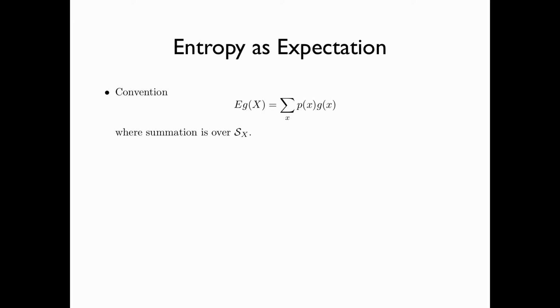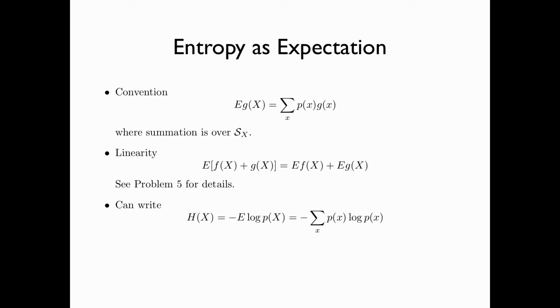There is a more compact way to represent entropy, namely in terms of expectation. Here's our convention for expectation. The expectation of g(X) for some random variable X is equal to the summation over x of p(x) times g(x), where the summation is over the support of X. We also have linearity for expectation for our convention, namely E[f(X) + g(X)] = E[f(X)] + E[g(X)].